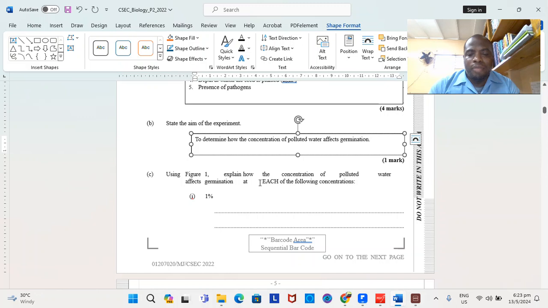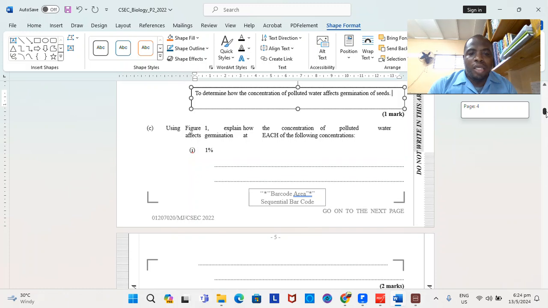And bear in mind, you might have other ways of rephrasing the statement to say the same thing. But just offhand, to determine how the concentration of polluted water affects the germination of seeds could be a sample aim.